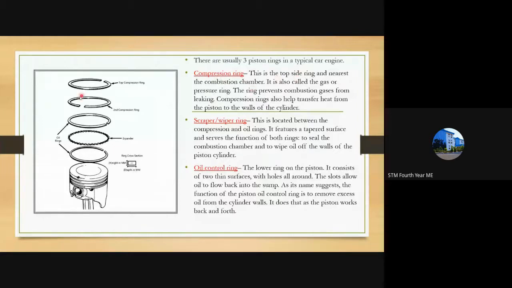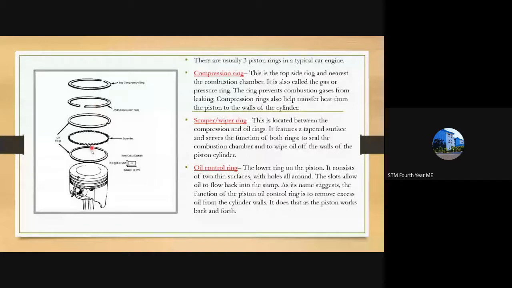You can see here there are many rings, but basically there are two compression rings and one oil ring. Here there are two oil rings and one expander. Some pistons are like that, but generally it is two compression rings and then one oil ring.